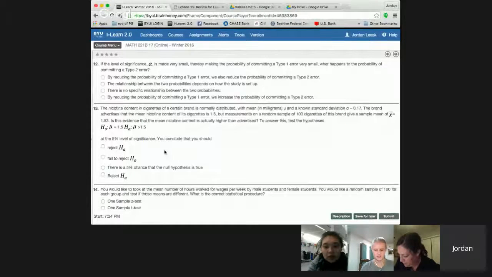All right, I'll read number 12. If the level of significance alpha is made very small, thereby making the probability of committing a type 1 error very small, what happens to the probability of committing a type 2 error? So I think it's D. That's what I put too.